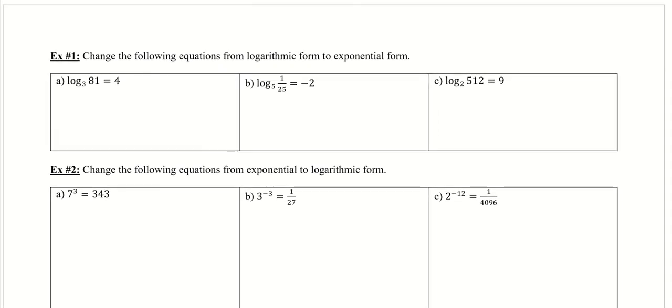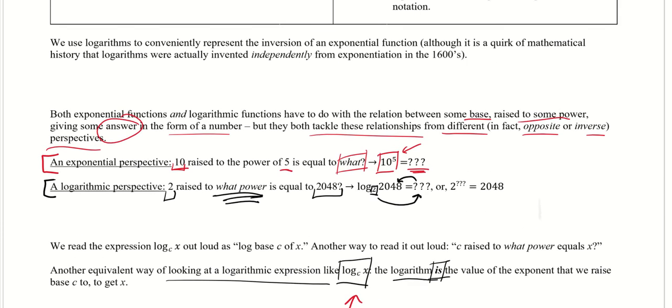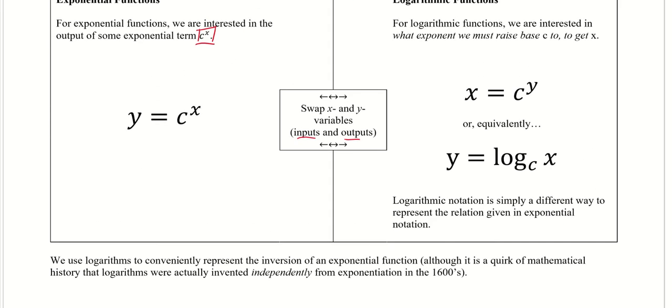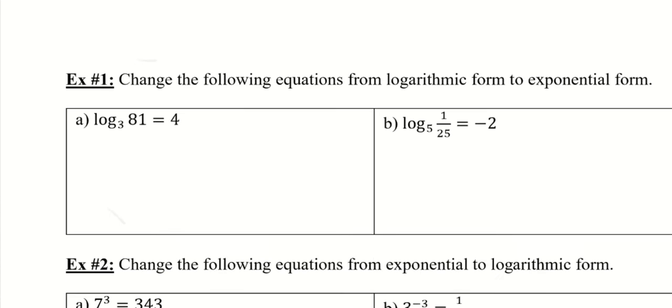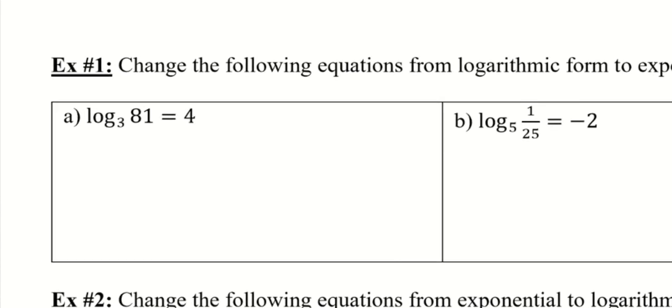Okay, let's look at this first example. This is the first time we're really diving deep into this. Here it says change the following equations from logarithmic form to exponential form. So this is what we would call logarithmic form, and we are taking this form and changing it to exponential form. First, what we should do is identify the base.